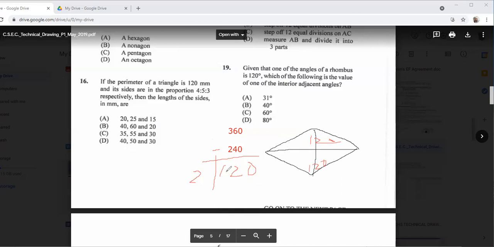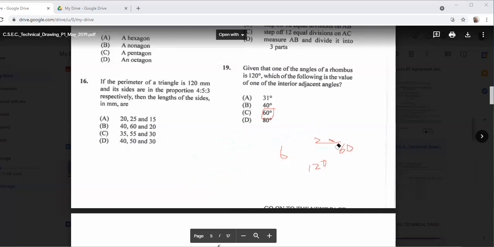So 120 divided by 2 is 60, 60 there and 60 here. So 60 would be the correct response. Capish, guys? Yes, sir. All right.